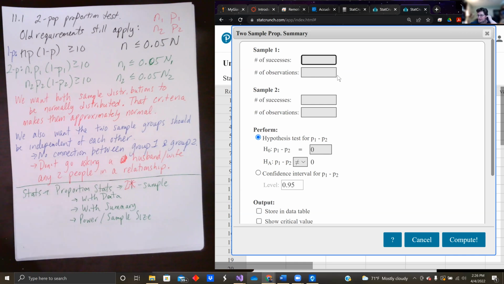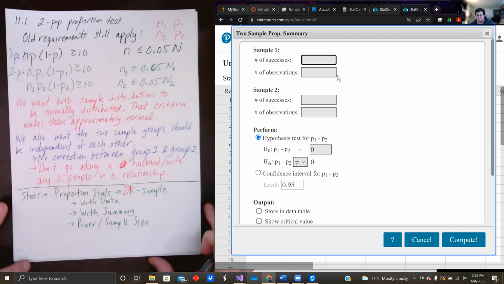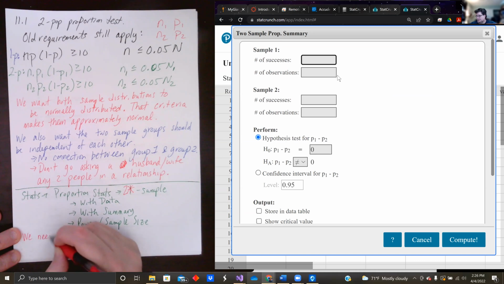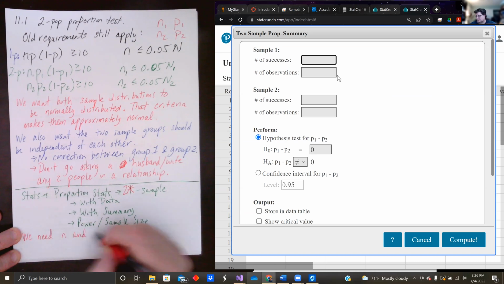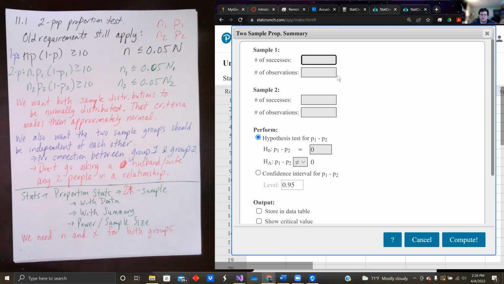So that's something that's changed. Oh, I don't want to do that, it takes it off the screen. We need N and X for both groups. Okay. And the other change comes in the hypothesis test.